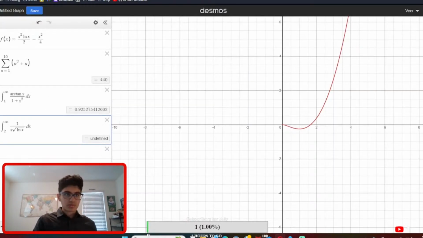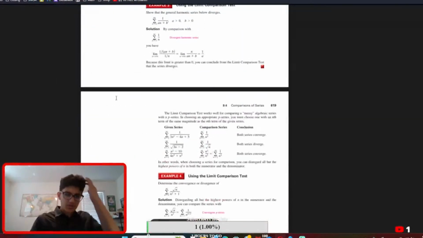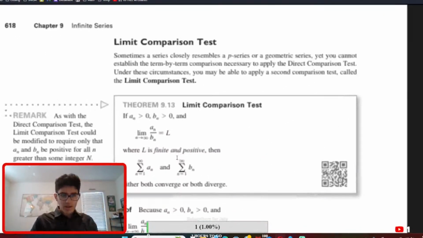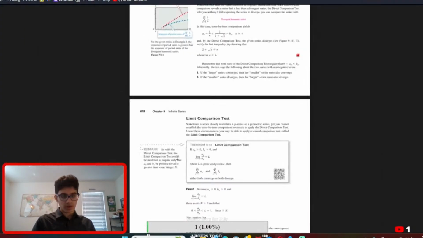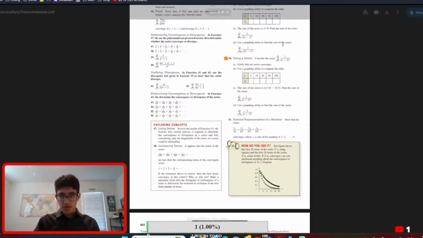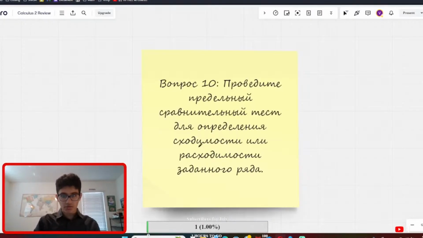Let's see. One second, I should review it once, very quickly. A sub n over b sub n, yeah, it doesn't matter. It's finite and positive, so it can't be 0 either, which makes sense. And it's a limit as n goes to infinity. Perfect. So this one over here, natural log of n over n.